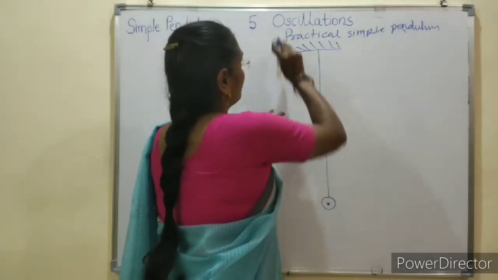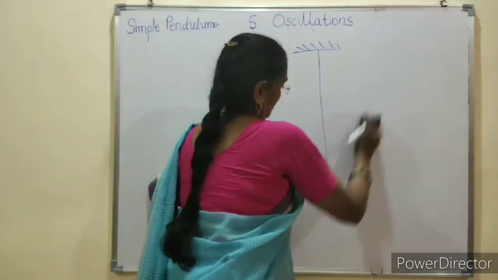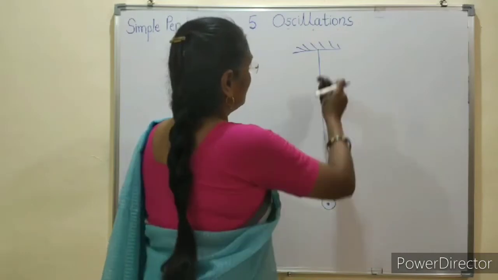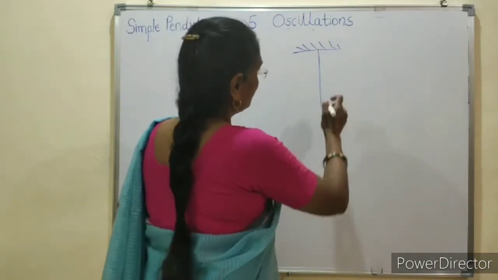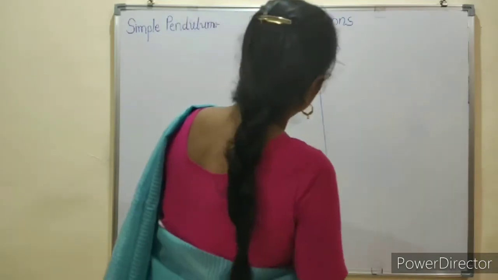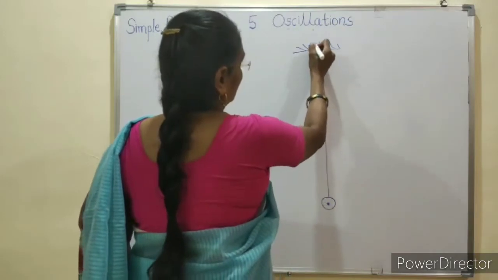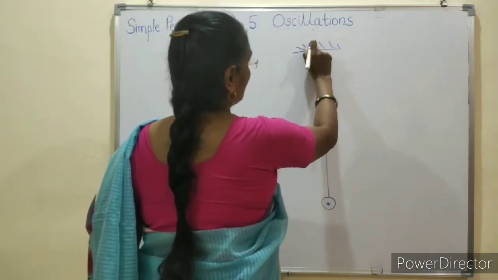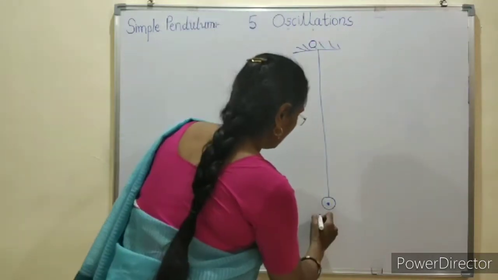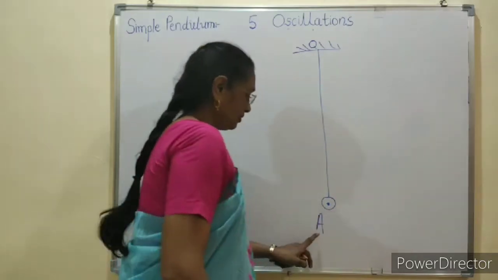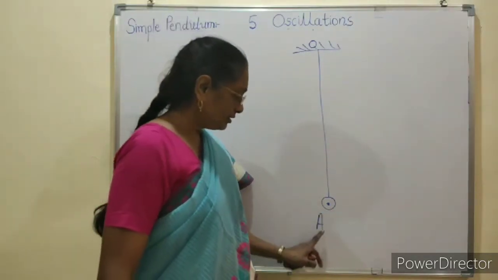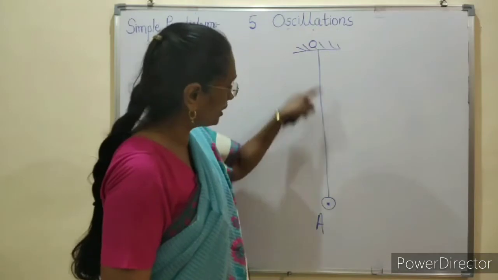So here this system, point of suspension is denoted by O. Equilibrium position is denoted by this OA line.